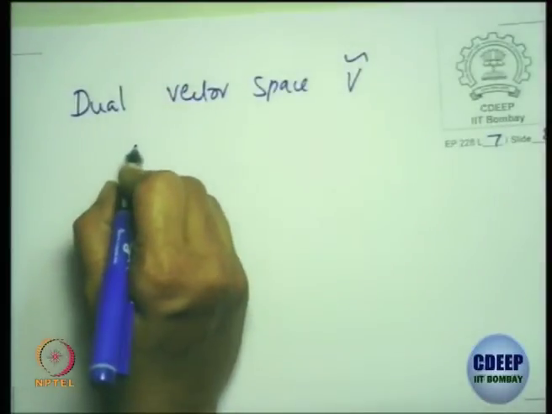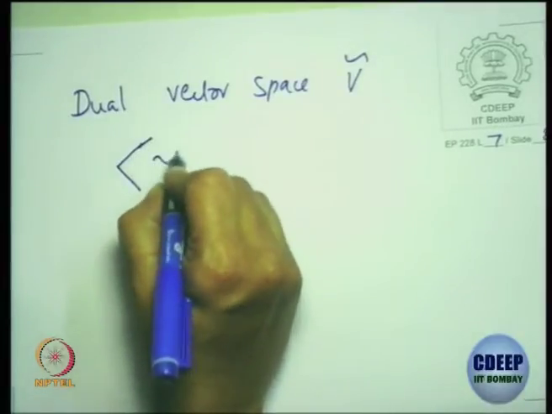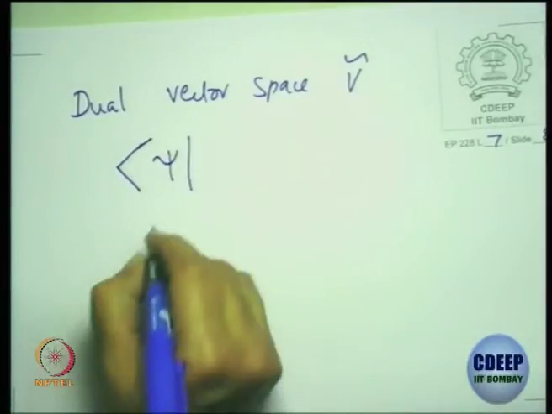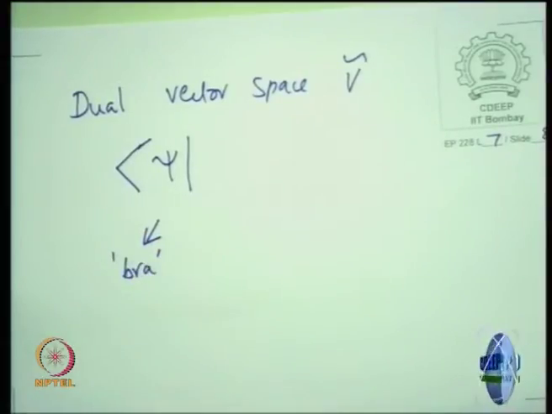Okay. But in general, a dual vector space will be different from your original vector space, where we denote states by a different angular bracket. This is called bra. Dirac introduced this notation, and we all universally follow it.